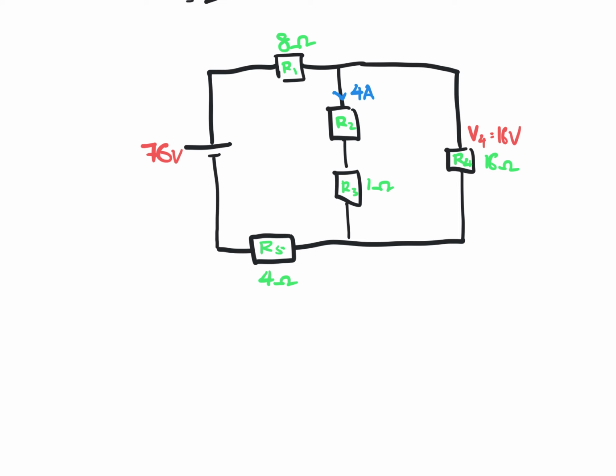Okay, so let's first start with our power source over here. I know that this is 76 volts. Now, simply because I know that current goes from positive to negative, I'm going to start this way first, and I'm going to draw it here like this. For all the drawings that we had, we usually have our components down here.